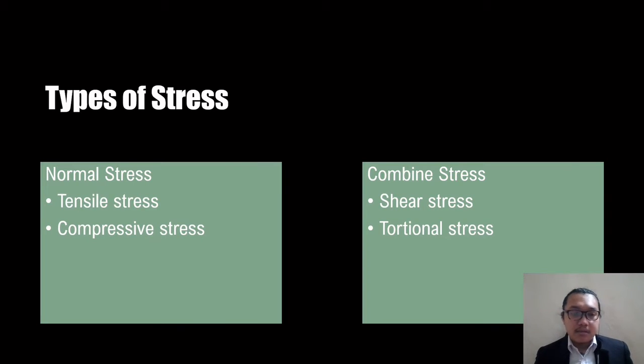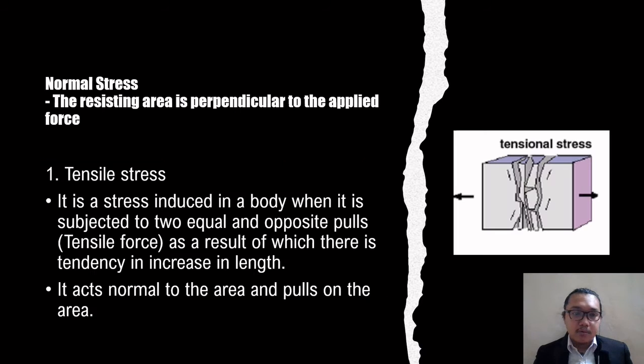Next, types of stress. We have two types of stress, which are normal stress and combined stress. We will go one by one. We will go with normal stress first. Normal stress is when the resisting area is perpendicular to the applied force.